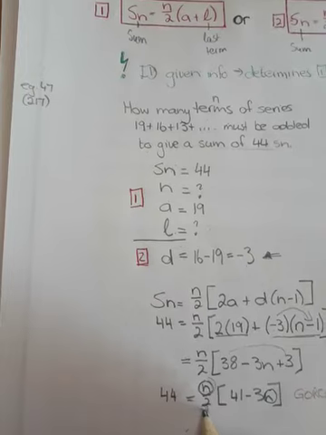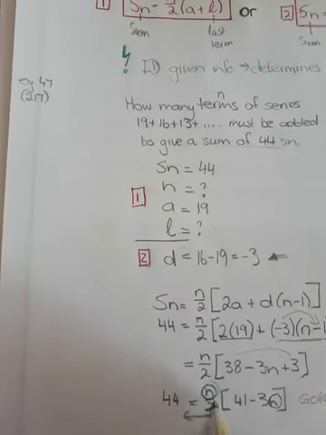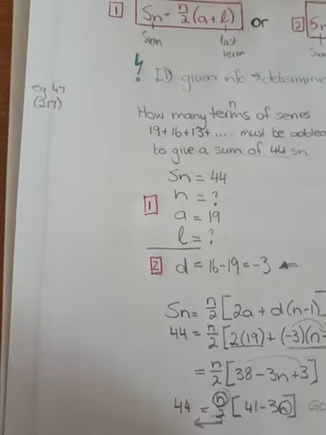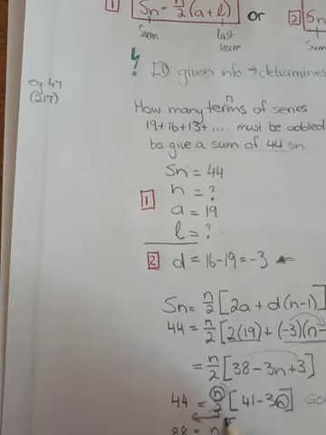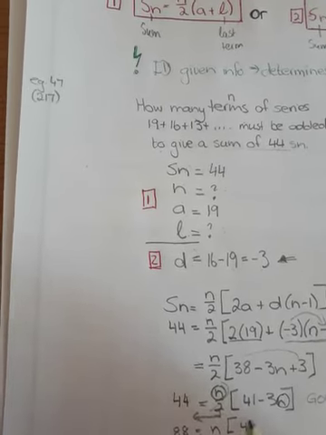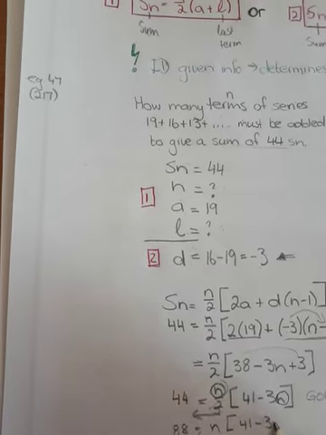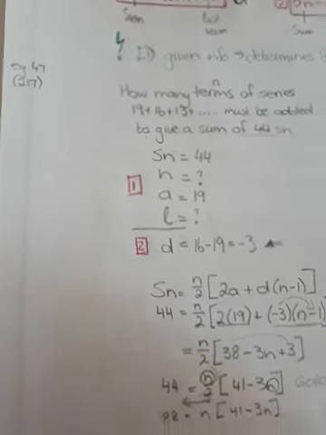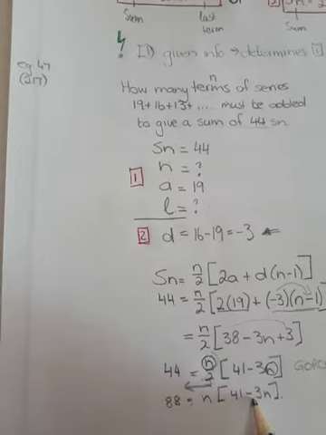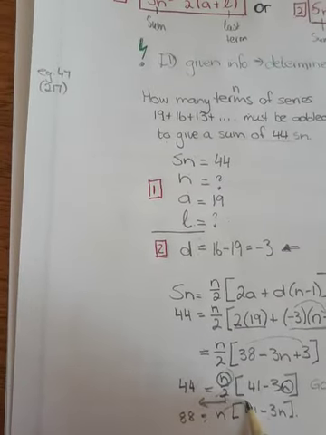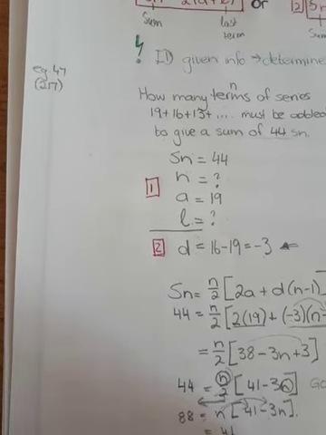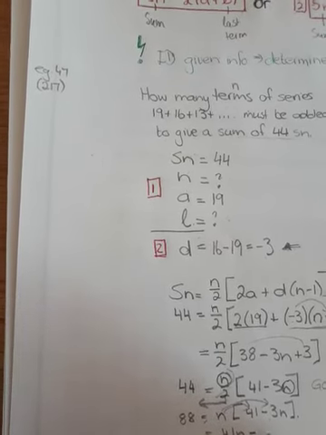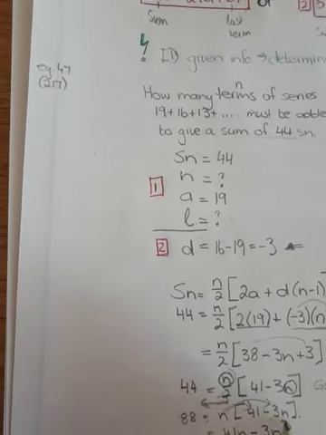Firstly, I will multiply by 2, so I can get rid of that 2, which becomes 88 equals n(41 minus 3n). Right, now I want to remove this bracket. So I will simply multiply out this bracket, which gives me 41n minus 3n squared.